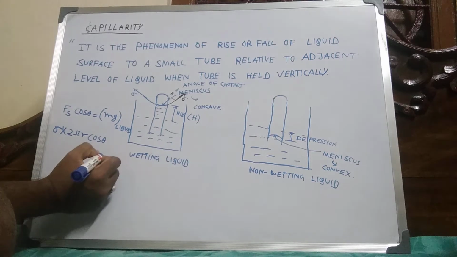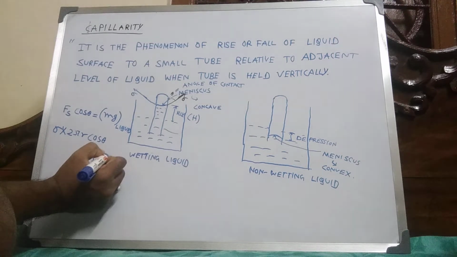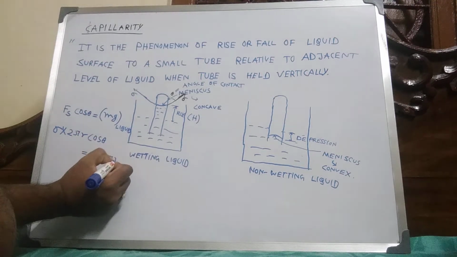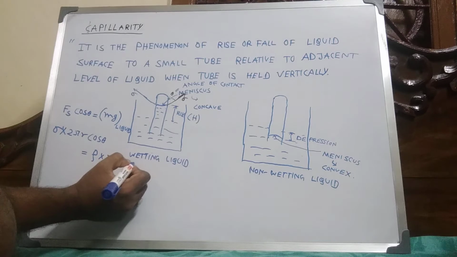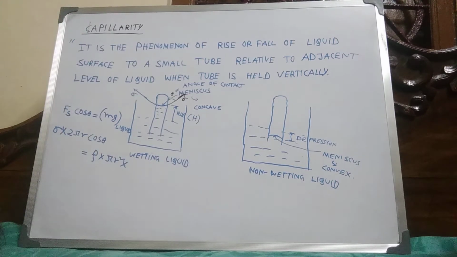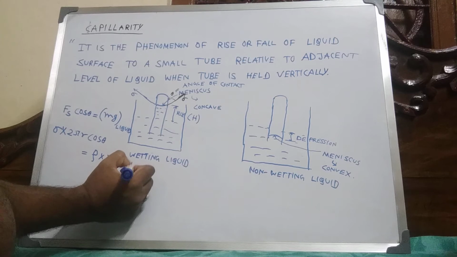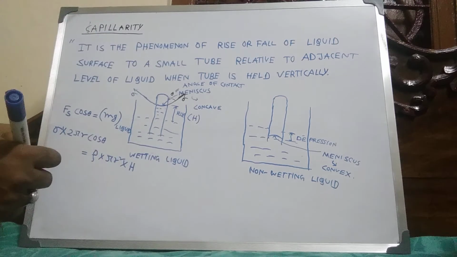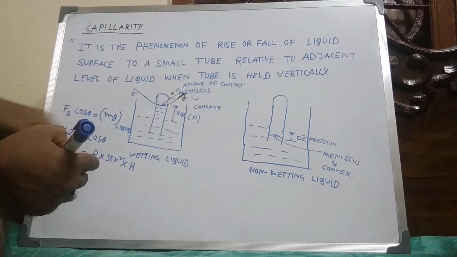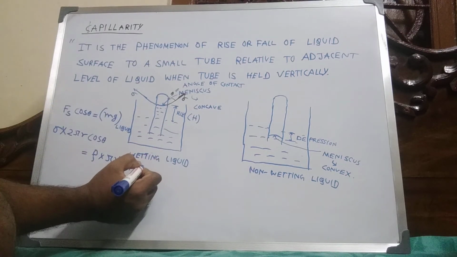Mass is density rho times volume: area pi r squared into the height h of the rise. This total volume is multiplied by g.